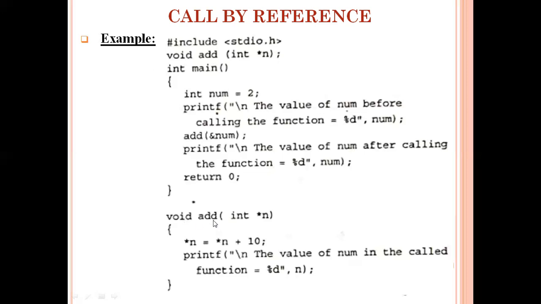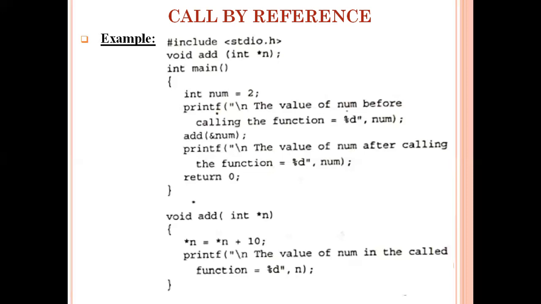Come to the definition of the add function. Here, void add int star n, and here star n is equal to star n plus 10. The star n indicates that the value 10 is not added to a particular variable. It is added to the particular value which is stored in the memory location n.